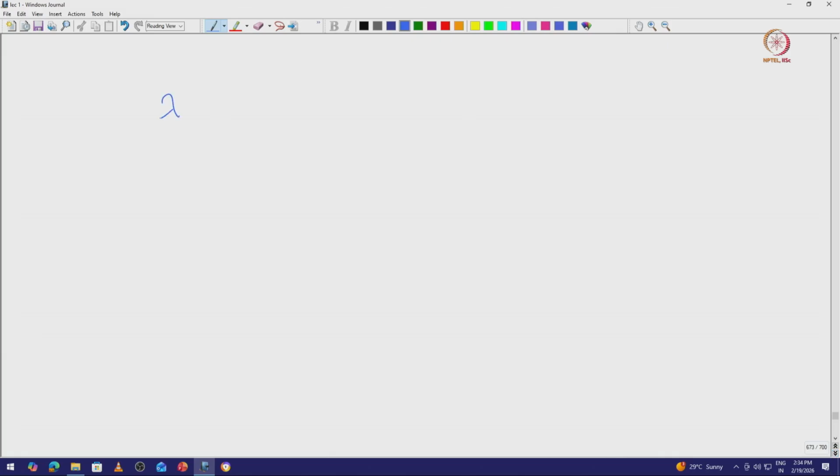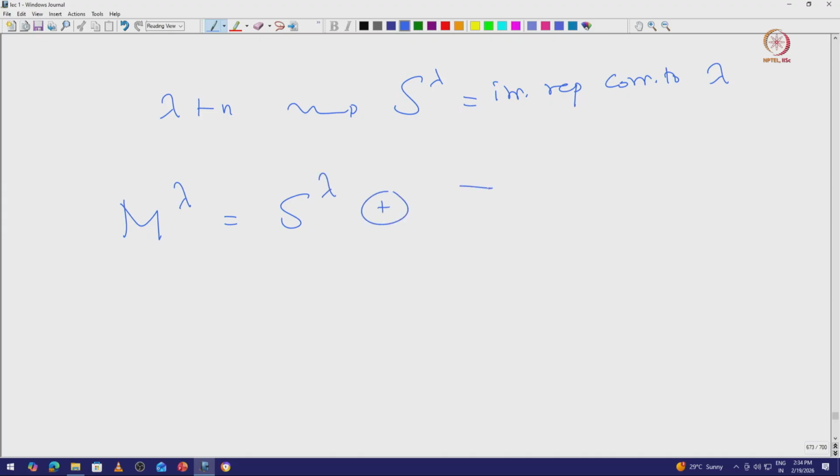So, now given lambda, which is the cycle type of the conjugacy class, which is the partition of n, if we denote S lambda to be the irreducible representation corresponding to lambda, then what one can prove is that this M lambda can always be written as S lambda direct sum of S mu with multiplicities, we call it K mu lambda, where the mu runs over all possible partitions which dominate lambda.